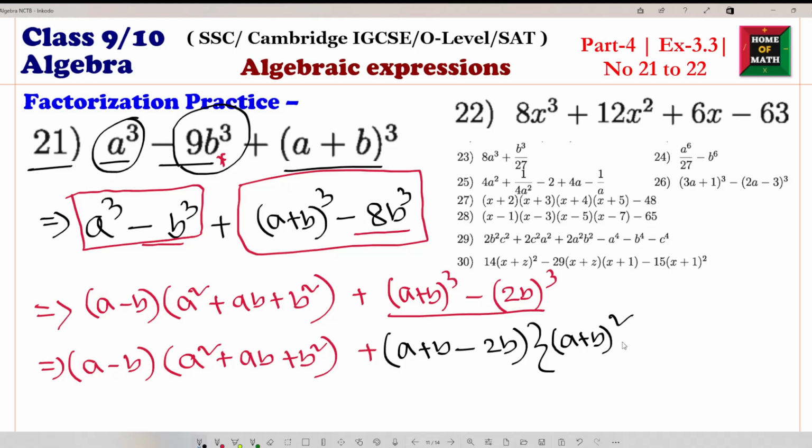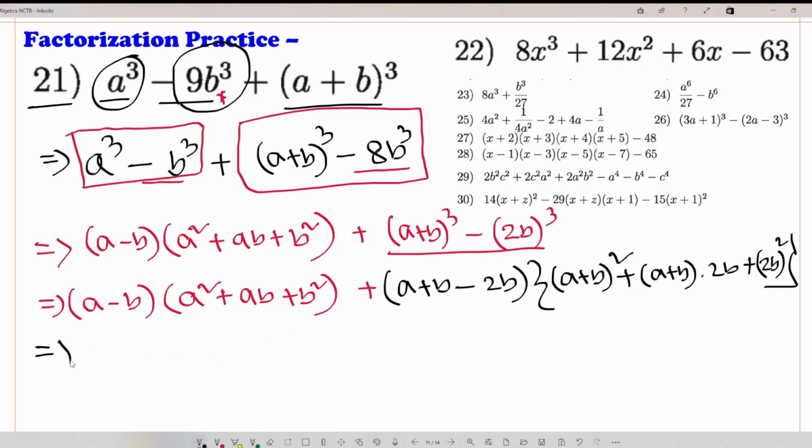Then this is a minus, so here is plus ab, a means (a plus b) and b means 2b, and then plus b square means 2b square. Okay, now till here it will be unchanged, (a minus b) and here is (a square plus ab plus b square).